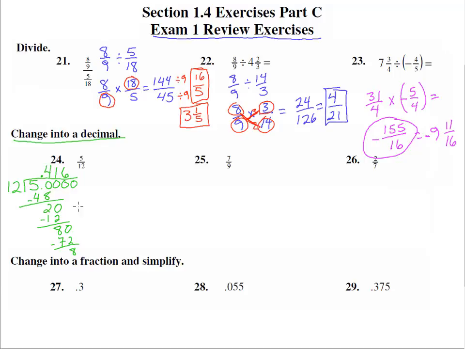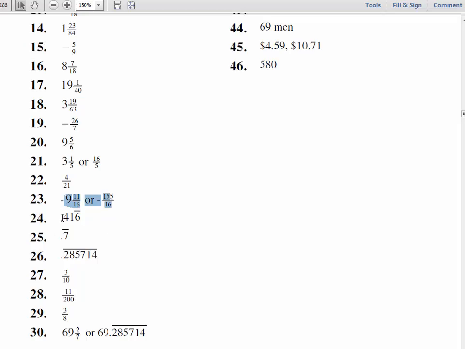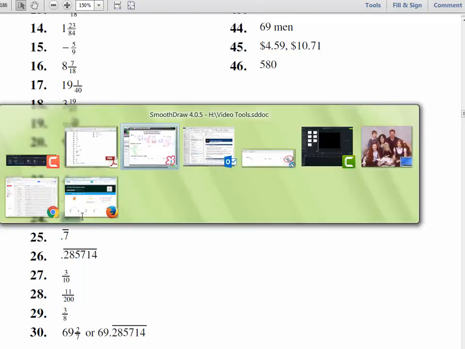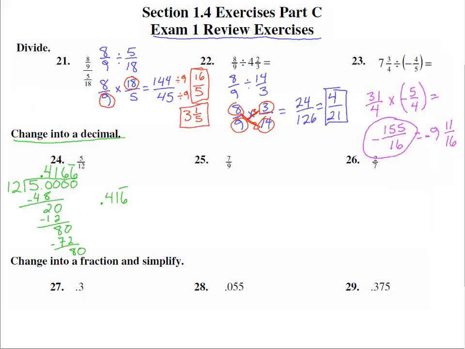Oh boy, another 0. 12 going into 80. Look, we started repeating a pattern. We would go in 6 times and get 72, so we'd get another 6 out here. So this guy repeats forever. Let's write that out here, 0.416, and the 6 keeps going on forever. Let's double check that answer, number 24, 0.416. Great.